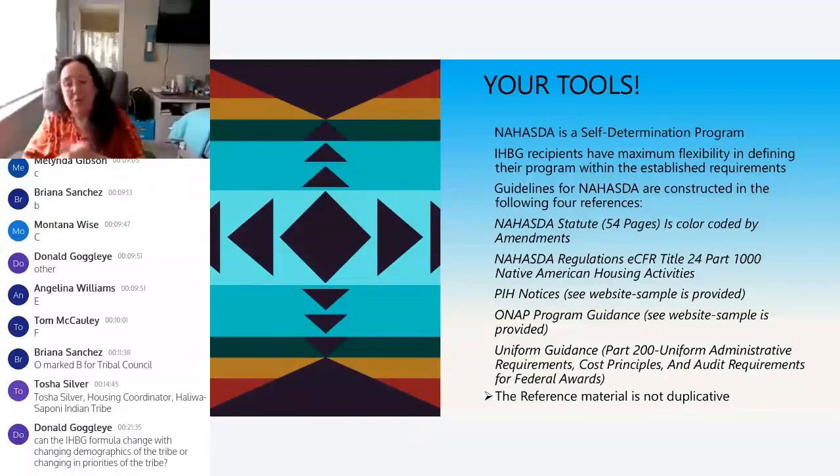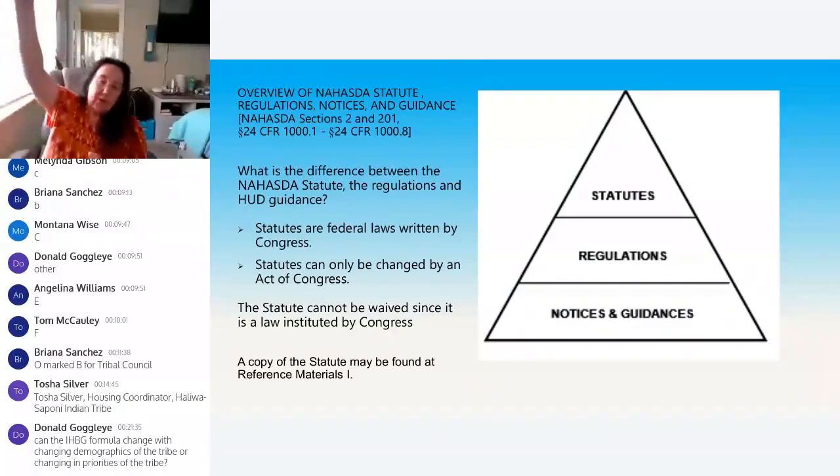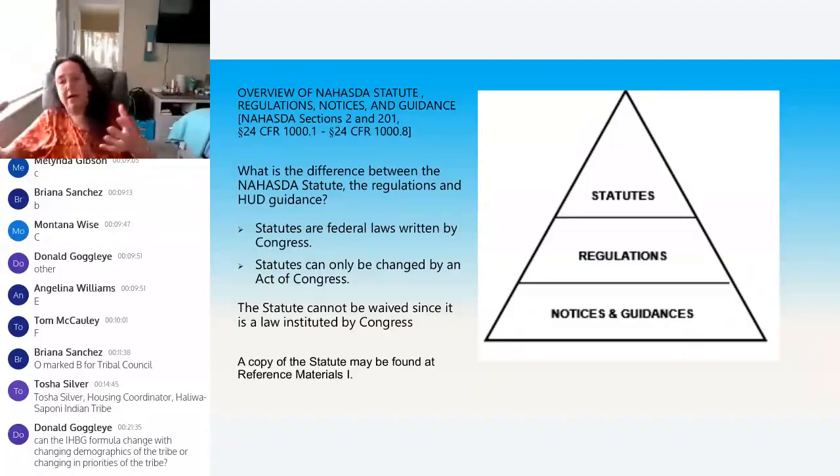And our reference material is not duplicative. So you look for one thing and then oftentimes it'll send you to another thing. It's not duplicated, and it's a really good way to learn all of our regulations as you start looking for things. So the difference basically is that our NAHASDA statute is a law, by the way. Statutes are federal laws written by Congress.